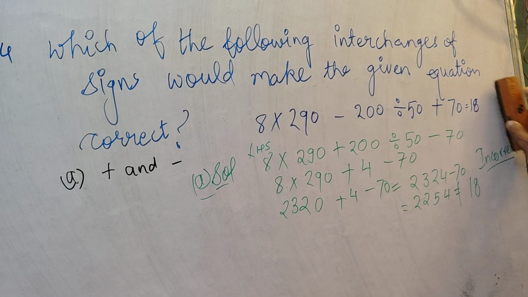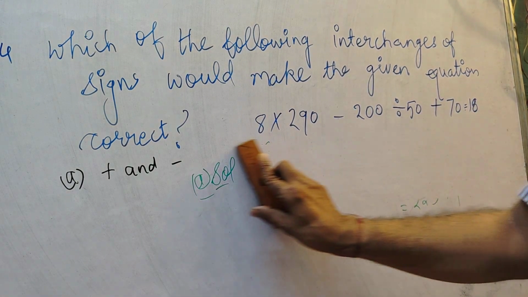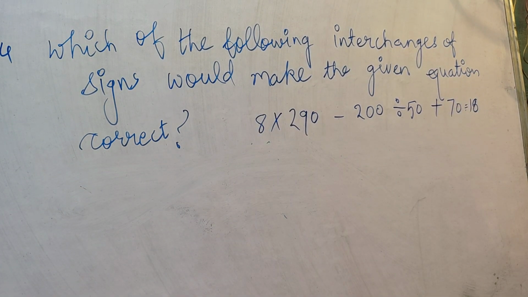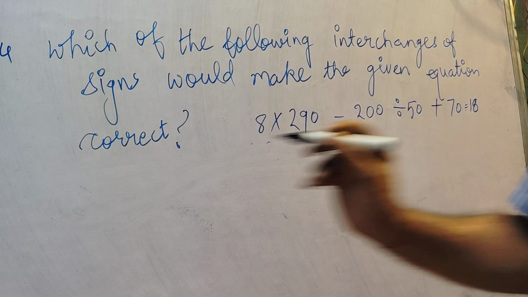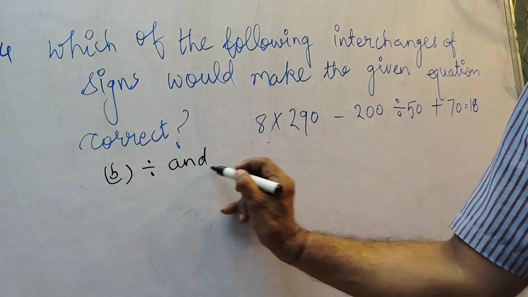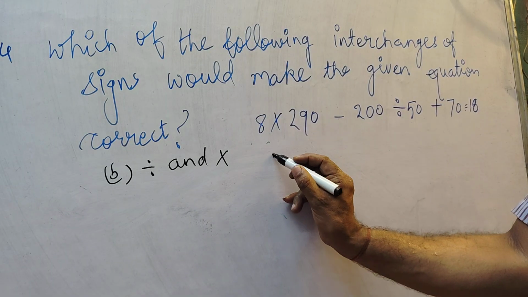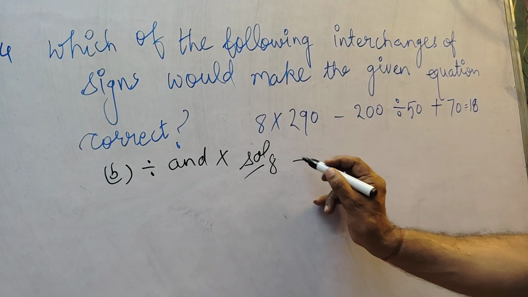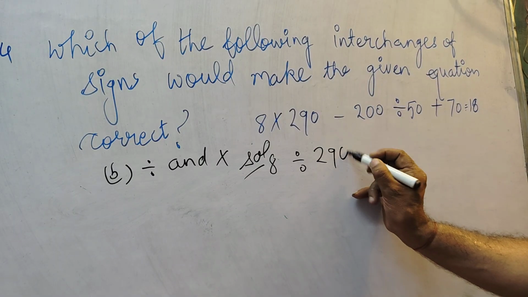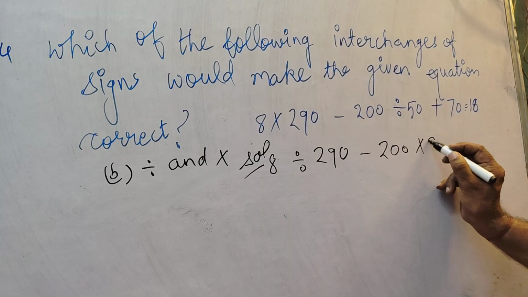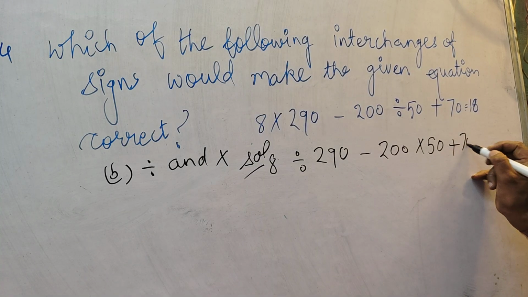Now come to option B. B option is saying divide and multiply. We interchange. So instead of multiply we write divide, minus remains as it is, divide is replaced with multiply, plus remains as it is.